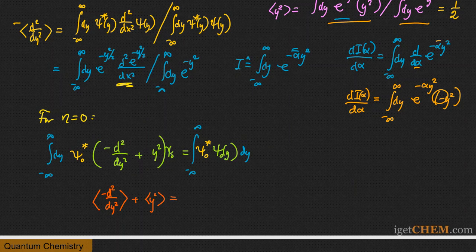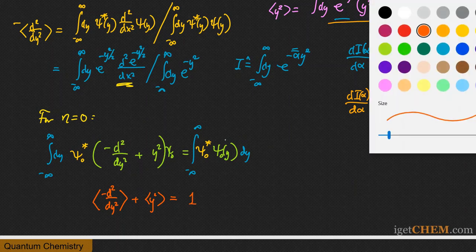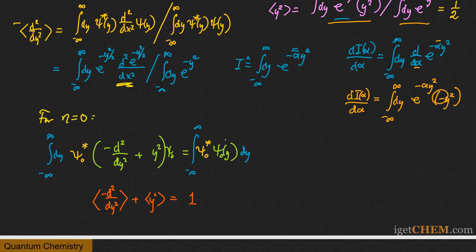Now, of course, what is in here will basically just give you, so this is just equal to 1. So without doing the integrals up right here, I can already calculate what the expectation value of the double derivative is.